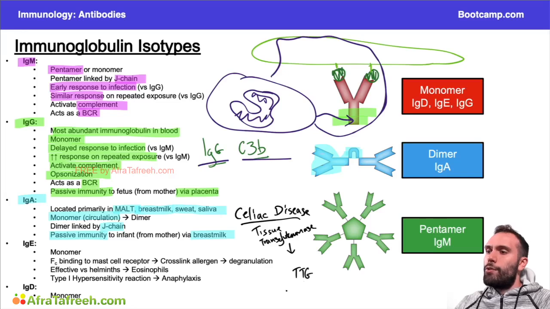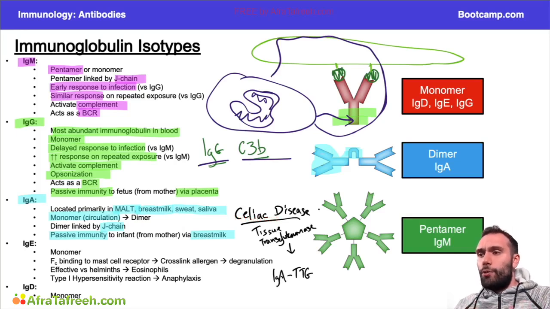They'll ask you which antibody specifically, which isotype is it? And it's IgA. Celiac disease is primarily affecting the small bowel and absorption. When you're thinking small bowel, mucosa, GI tract, you're thinking more IgA. So this is an IgA antibody.